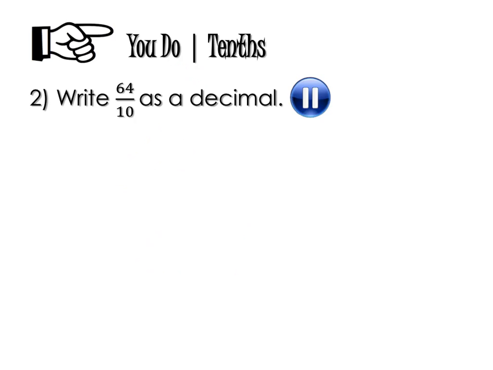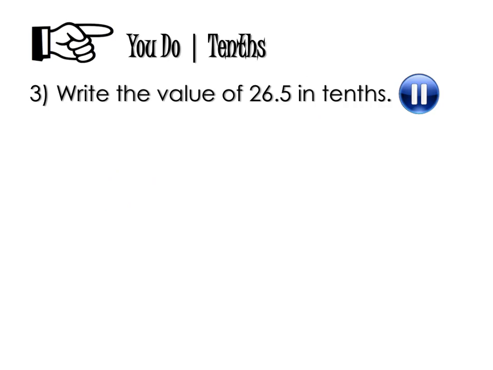Question number 2. Write 64/10 as a decimal. You can pause the video now. So what's the answer? Well, 64/10 is the same as 64 tenths. So I can move back by 1 decimal point. So that will give me 6.4. Question 3. Write the value of 26.5 in tenths.